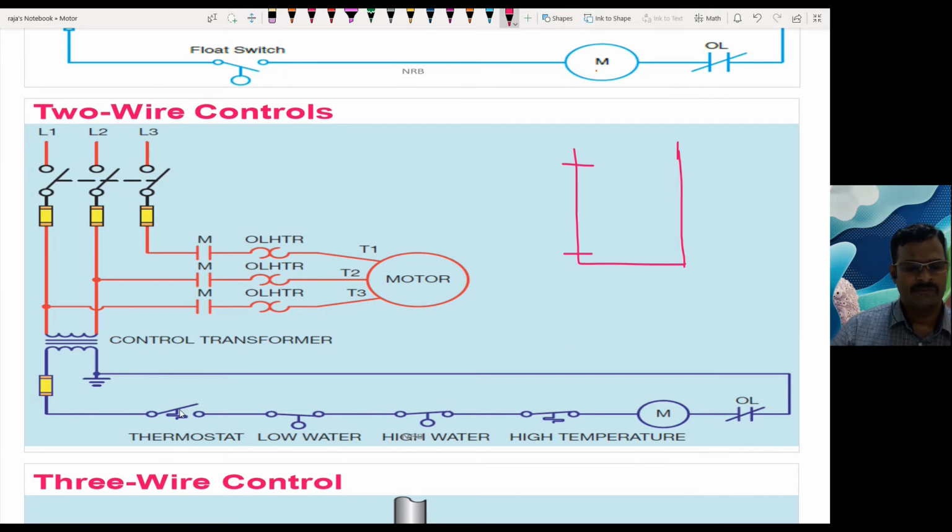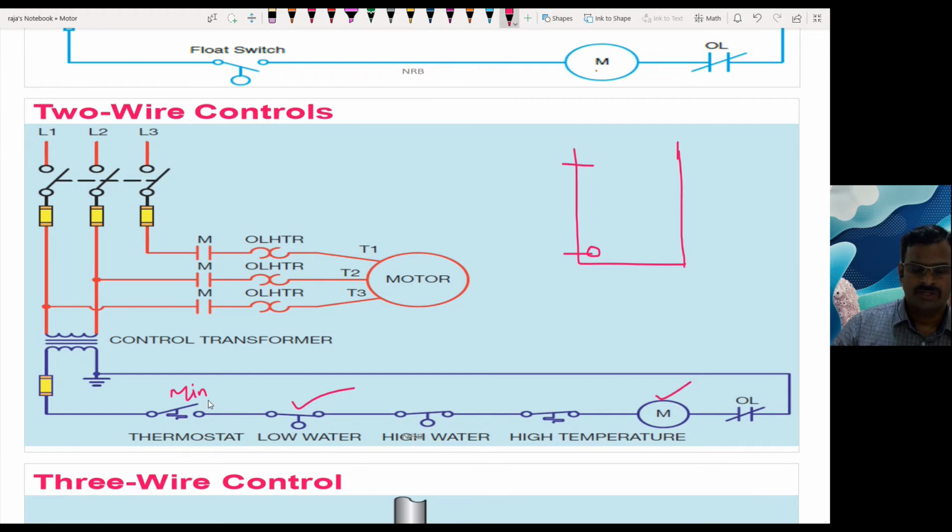Here we have a thermostat which controls the total operation. This is a minimum limit. When the minimum level of water is available, here this float sensor, and the temperature reaches a certain point, the system gets on, the motor gets on.